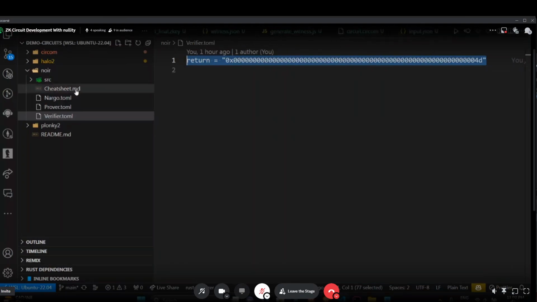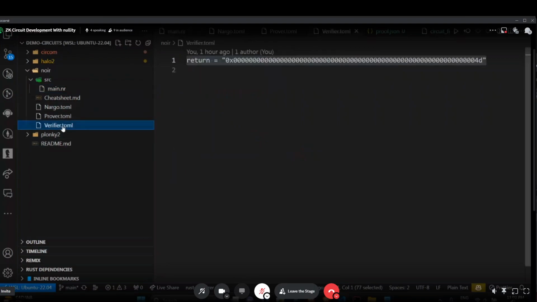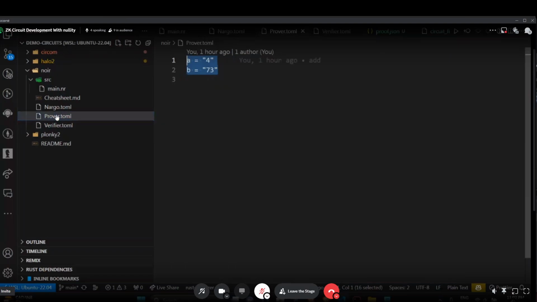Too many files. So that's your verifier.toml, and this is your prover.toml, and you give your inputs to the prover.